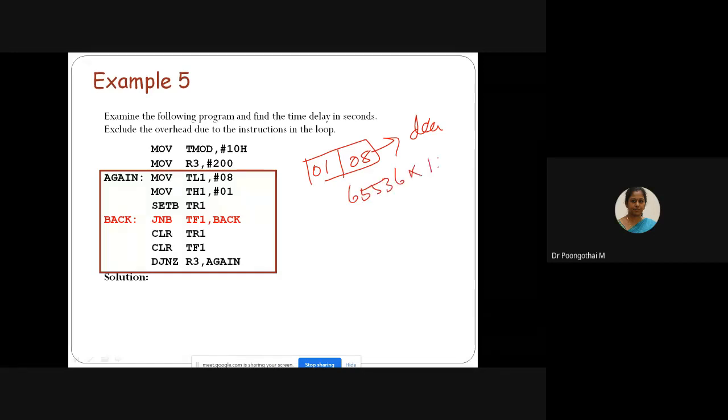Multiply with 1.085 microsecond to find the time delay, and multiply that time delay by 200 times.